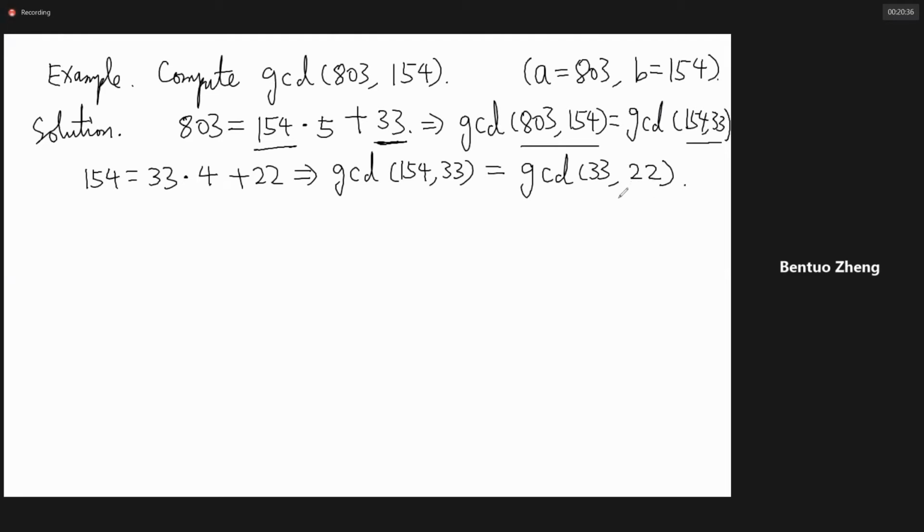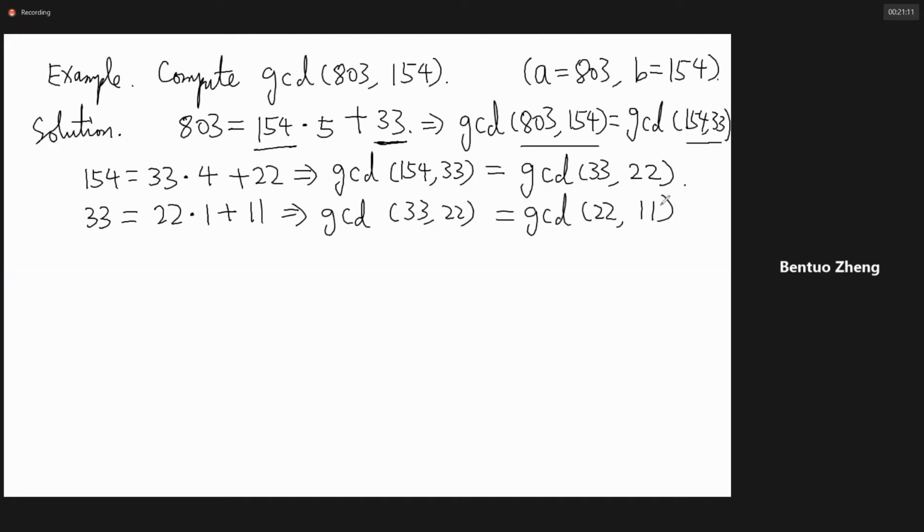Okay, while you may claim that you already see the greatest common divisor, let's do one more time to make it even simpler. Next, we write 33 as 22 times 1 plus 11. So this implies the greatest common divisor of 33 and 22 is equal to the greatest common divisor of 22 and 11.